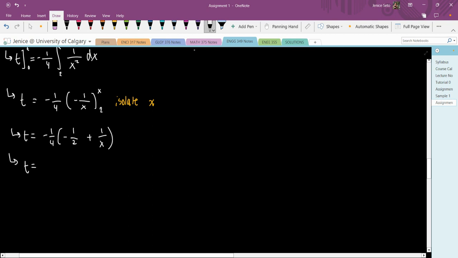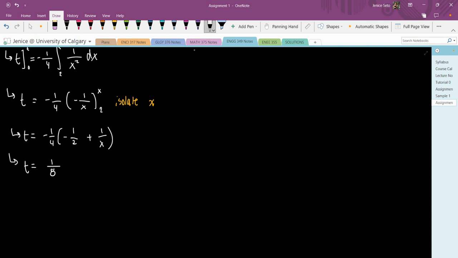T is equal to 8 minus 1 over 4x. And we want to isolate for x. So I'm going to skip a couple steps, but this is going to give us x is equal to 2 over 8t plus 1.